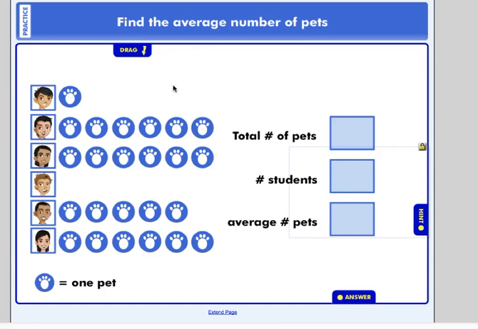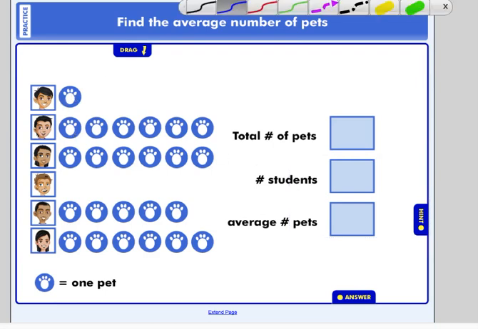Let's find the average number of pets. Each little picture here equals 1 pet. So figure this out, pause the video, figure it out, then resume. Okay, our total number of pets. We have to add up these little puppy dog feet. 1, 2, 3, 4, 5, 6. 6 and 6 is 12. Here's another 6, that's 18.